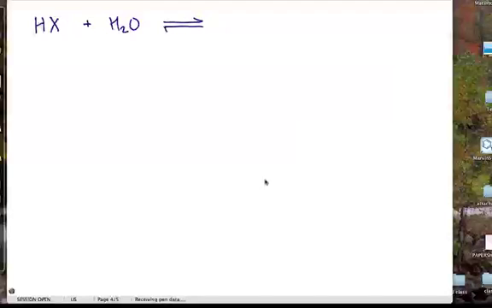Well, what about equilibrium? These reactions often are equilibrium, and so we can think about them in terms of equilibrium ideas, where this material is acting as the acid and this one is acting as the base. If we look at it from this direction, we see that the HX is acting as the acid, the H2O is acting as the base.